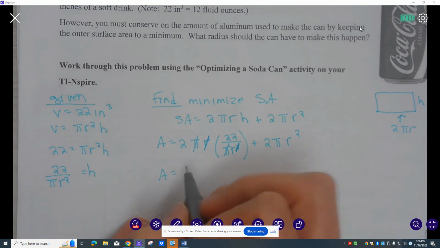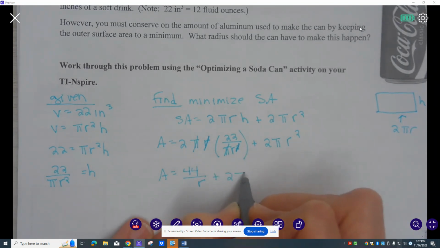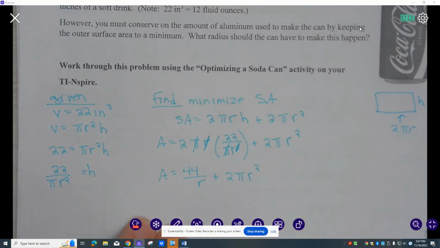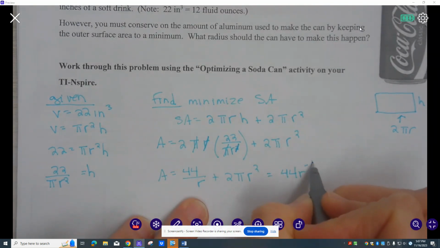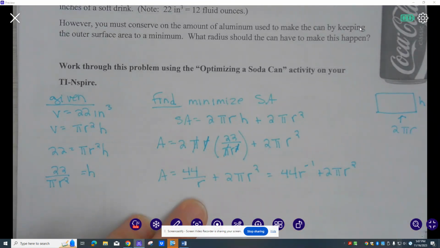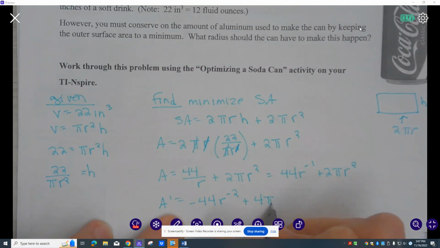So I'm left with 44 over r plus 2 pi r squared. Okay, I'm going to write this as 44 r to the negative 1 plus 2 pi r squared. Now let's find the derivative. So A prime would be negative 44 r to the negative 2 plus 4 pi r.